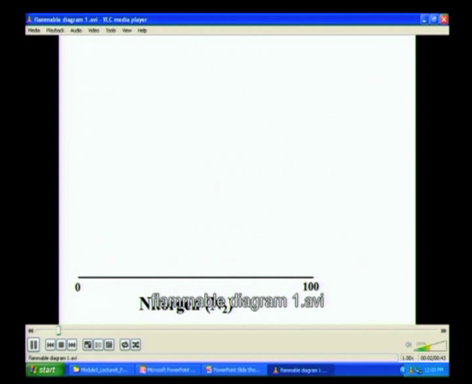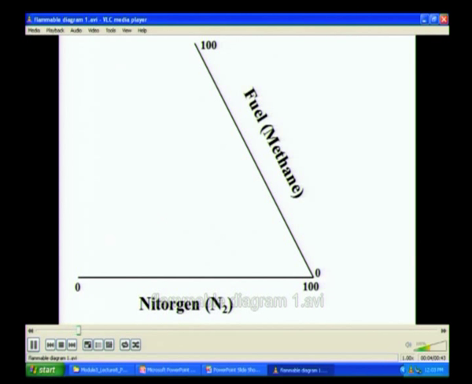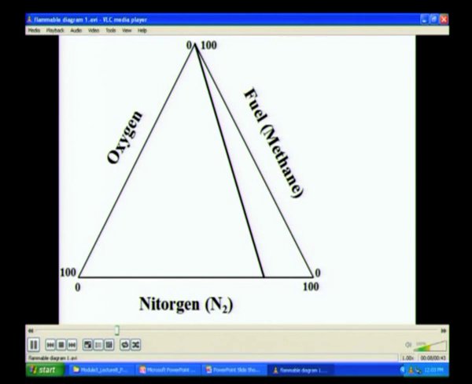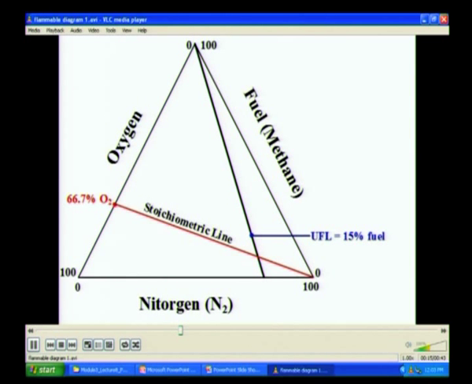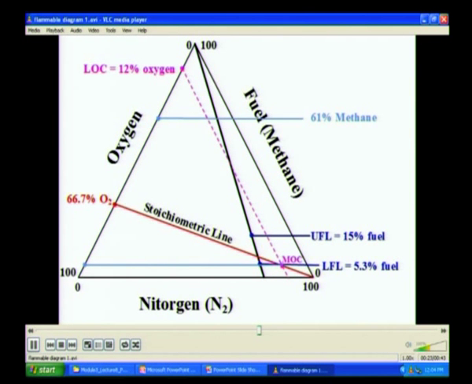I draw the nitrogen arm, I draw the methane arm, now I draw the oxygen arm, I locate the air line, I locate the stoichiometric line, I locate LFL and UFL on the fuel arm, I also locate the LOC, I locate the pure oxygen arm of the fuel, join the boundary and get the flammability region. This is how I draw my flammability diagram for methane.